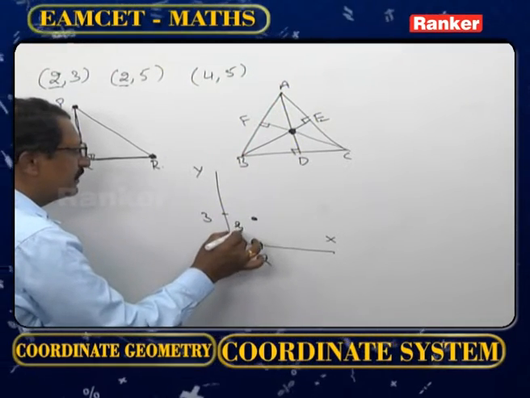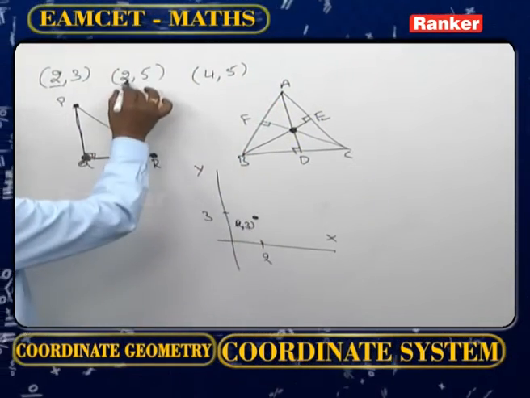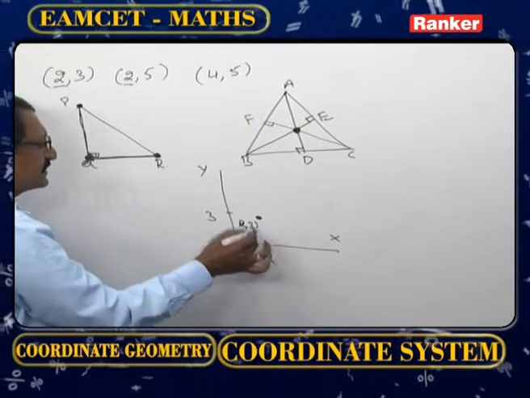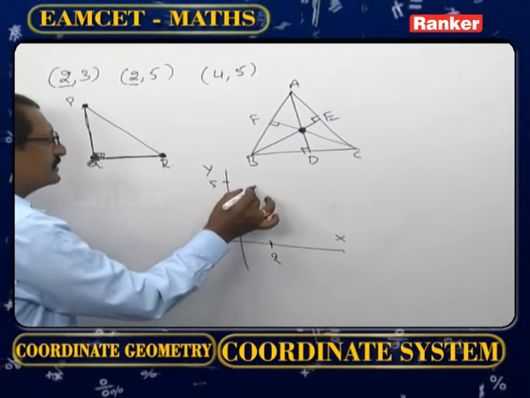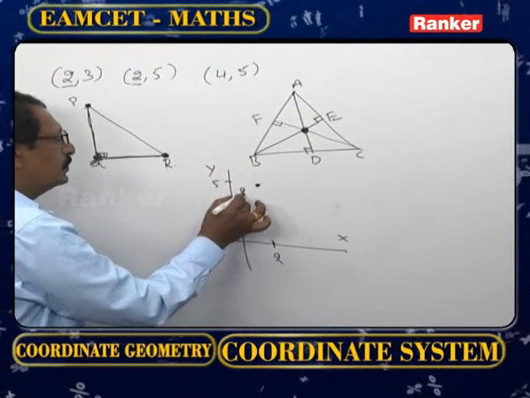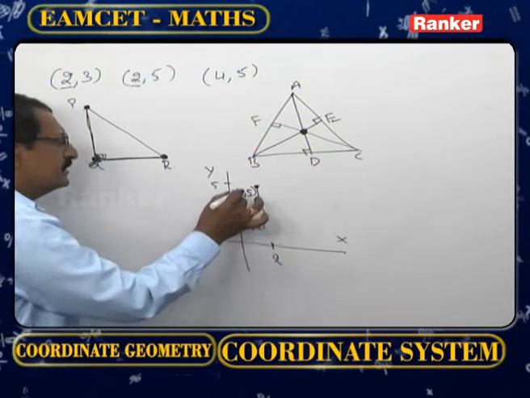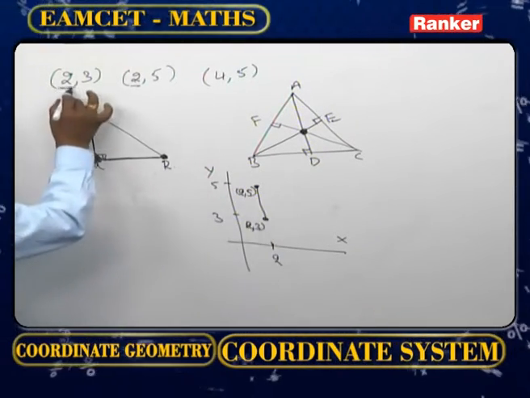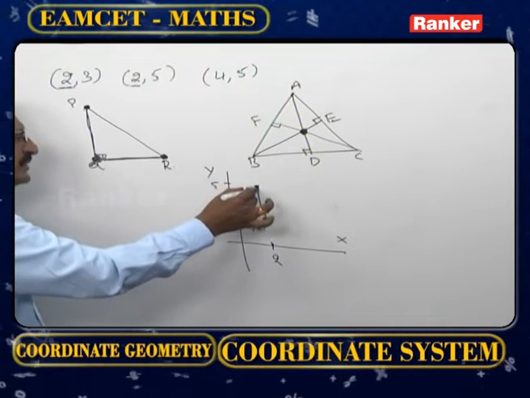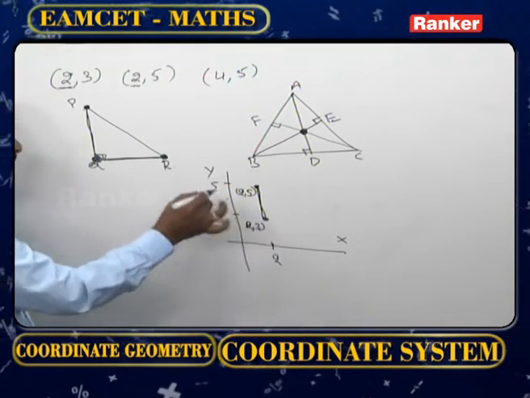Next point (2, 5): on the x axis 2, y axis 5 units. The x coordinates are equal, so the line segment joining the 2 points is parallel to the y axis.